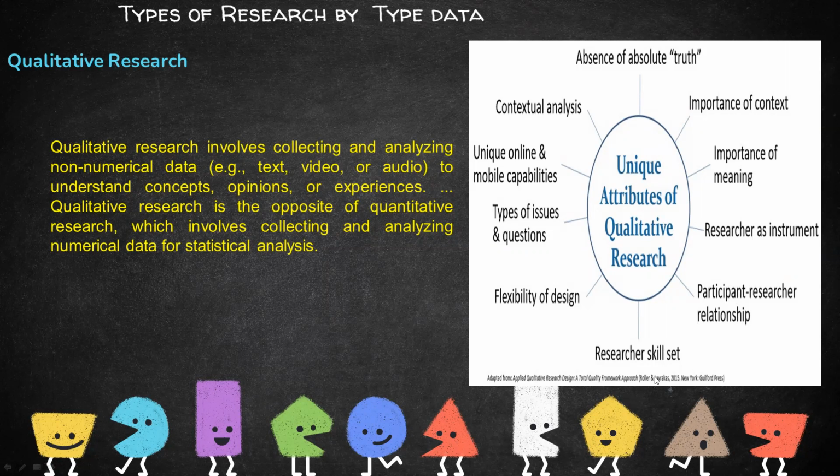It depends on the researcher's skill, how he or she is presenting the result. Then flexibility of design, types of issues and questions, unique online and mobile capability, contextual analysis. So here we can use all these techniques in the qualitative research, and I hope you have understood the qualitative research and the quantitative research.